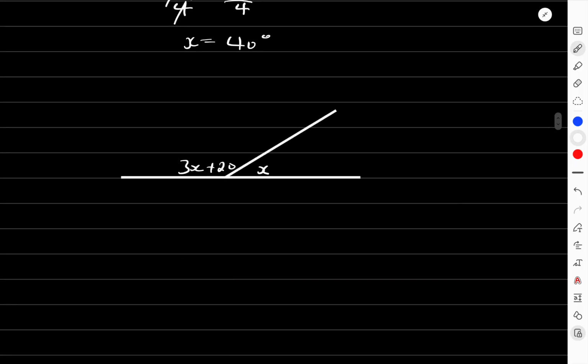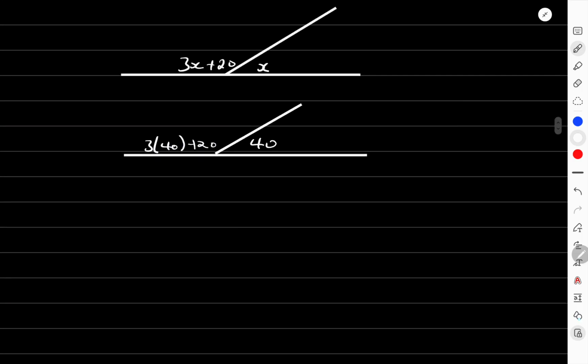Now, this diagram can be rewritten like this. Instead of writing x again here, I have a right to substitute 40 degrees. Instead of writing 3x plus 20, I have a right to substitute 3 times 40 plus 20.